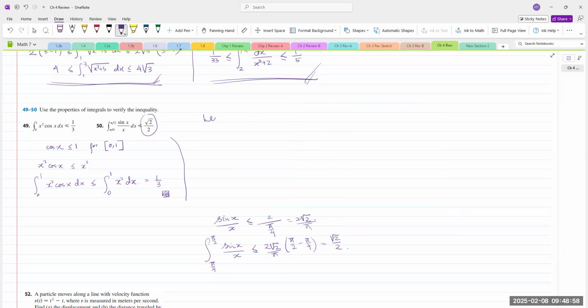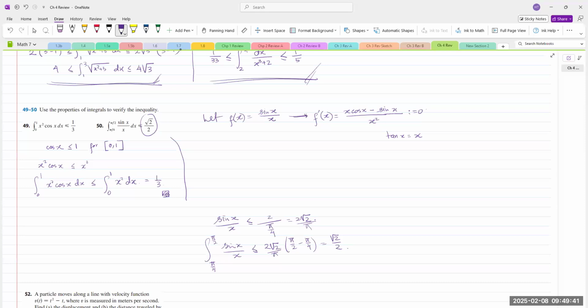So let f of x equal sine x over x, then f prime of x is x cosine x minus sine x over x squared. Now, we have earlier that this equals 0 when tangent x equals x, is it right?